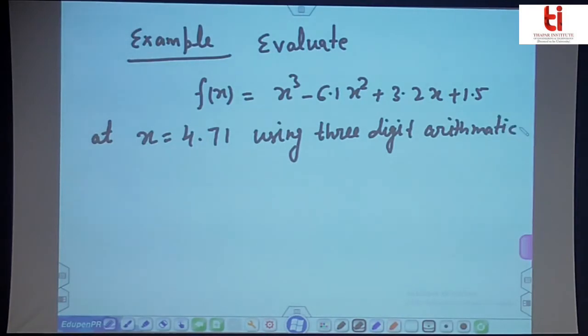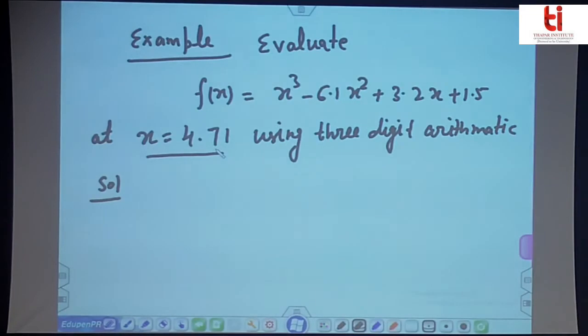Okay. Solution. We have to evaluate this function, which is a polynomial: x cube minus 6.1 x square plus 3.2x plus 1.5. We have to compute the value of the function at x equal to 4.71, using 3-digit arithmetic operations.